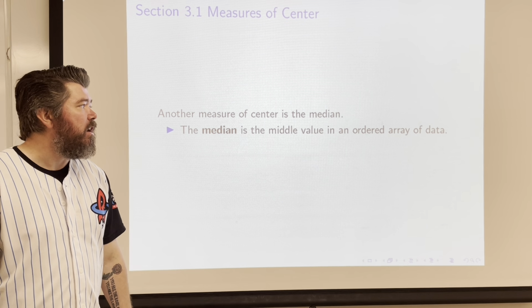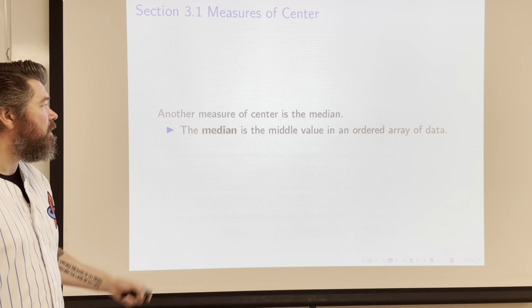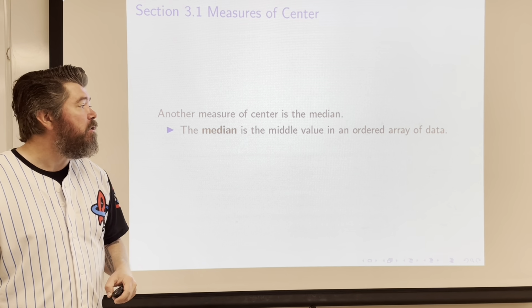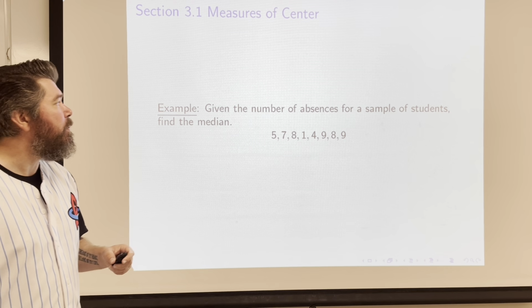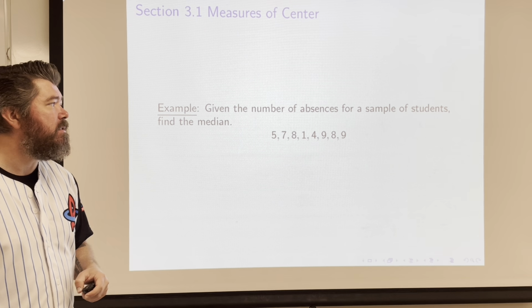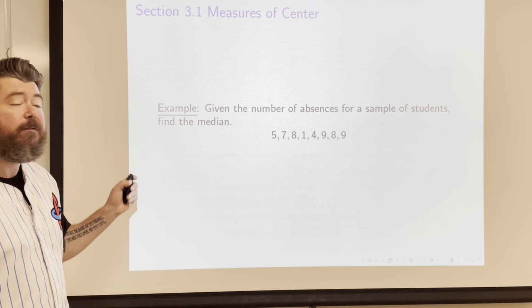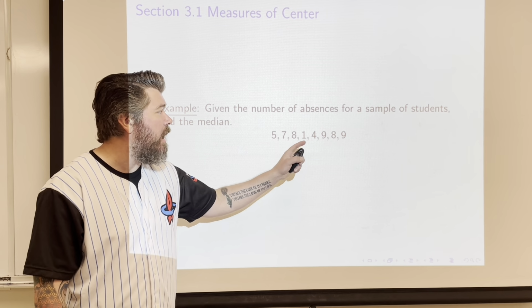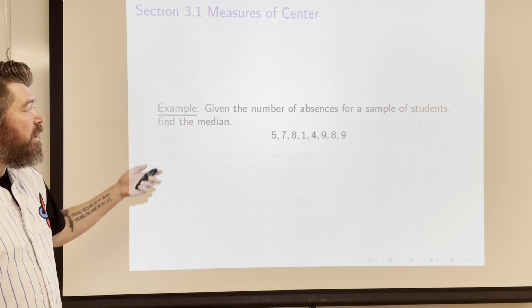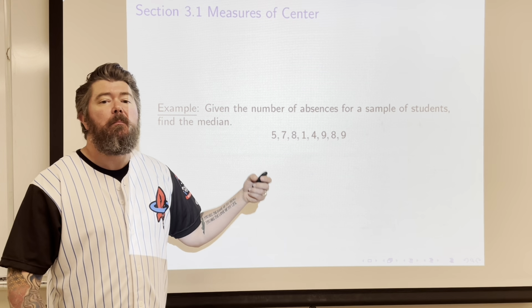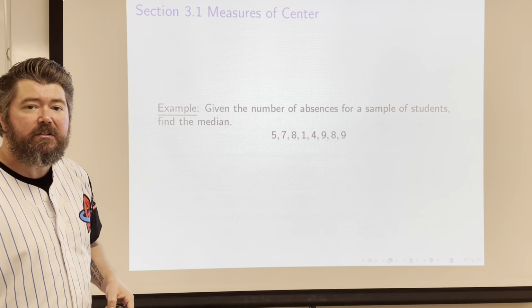Another measure of center is what we call the median. The median is the middle value in an ordered array of data. An example here: given the number of absences for a sample of students, find the median. So we have 5, 7, 8, and so forth. Again, we can do this by hand, but it's quicker to utilize our technology.